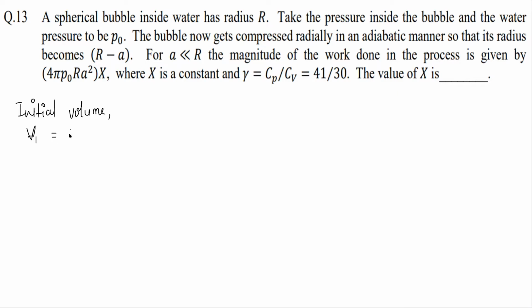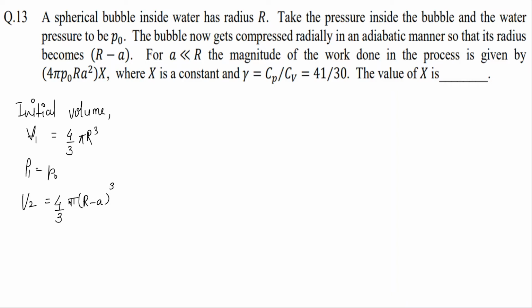How can you write V1? That is simply 4 by 3 pi r cube, where r is the radius of the bubble, and P1 is P naught, and V2, the final volume, is 4 by 3 pi r minus a whole cube.